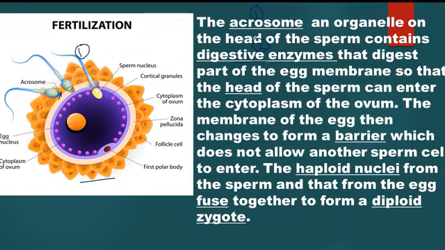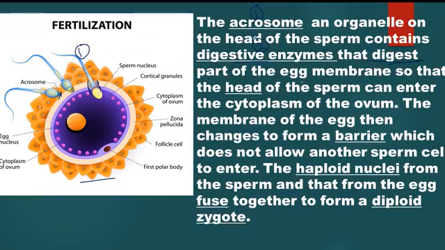Now, these digestive enzymes, what do they do? They digest. The digestive enzymes from the acrosome digest part of the membrane of the egg to allow the head of the sperm cell to penetrate into the cytoplasm.